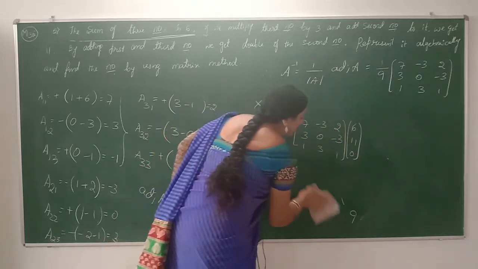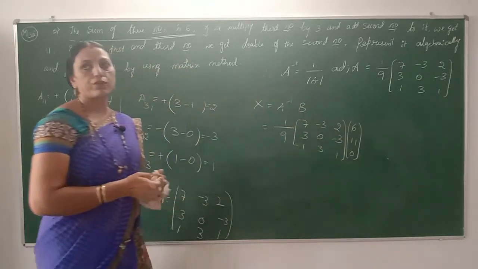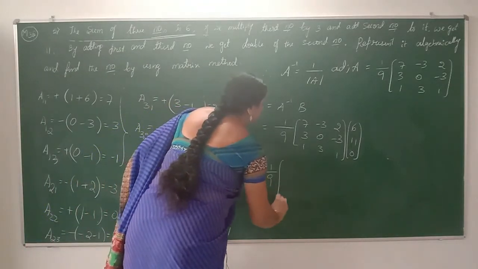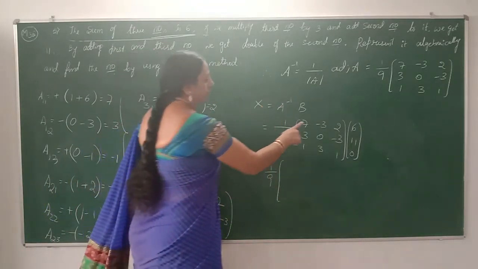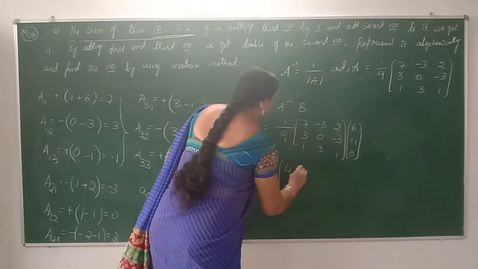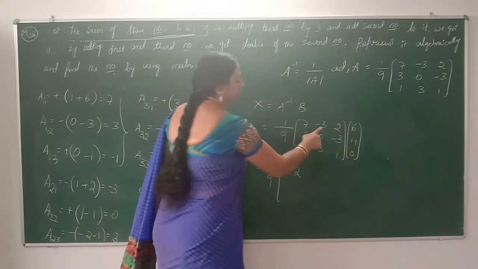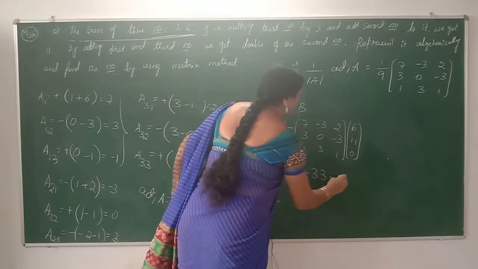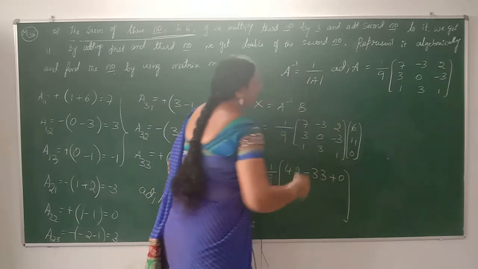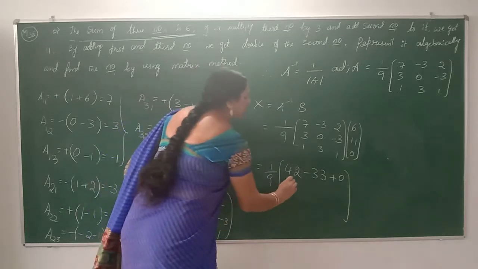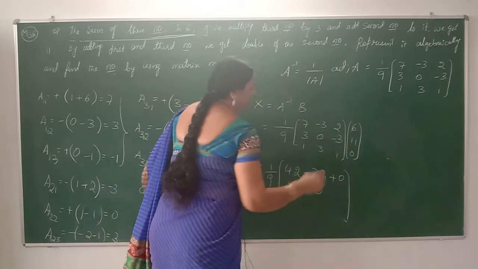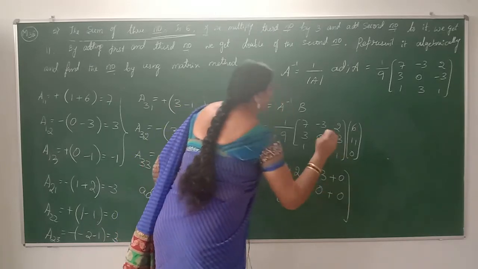After multiplying corresponding elements of rows and columns: 1 by 9 of first row, first column, 7 into 6, minus 3 into 11, plus 2 into 0. Again second row, 3 into 6, 0 into 11, and 0 into 0.